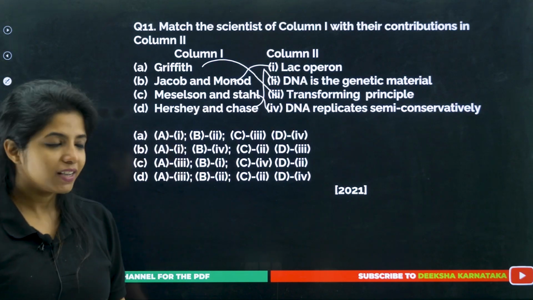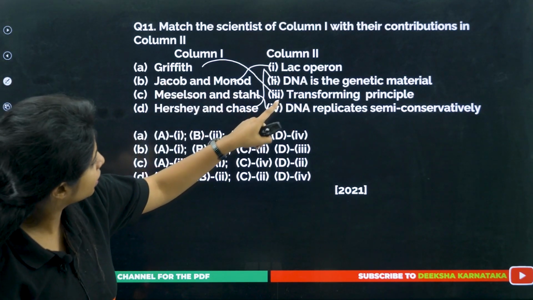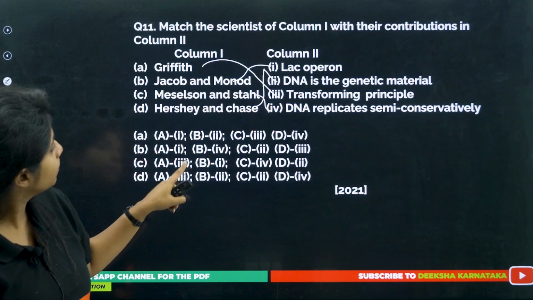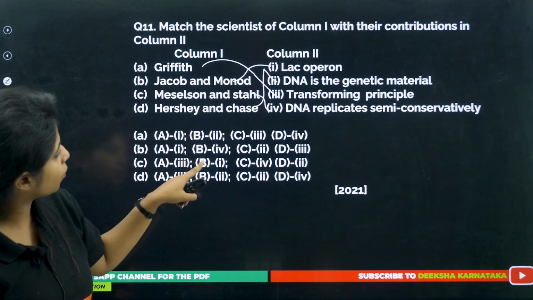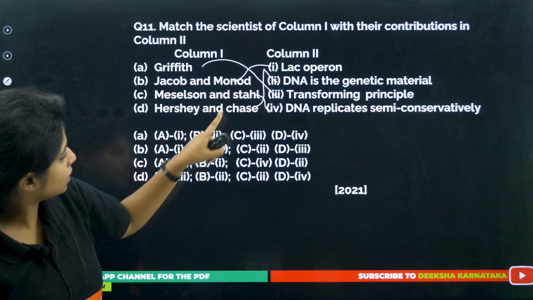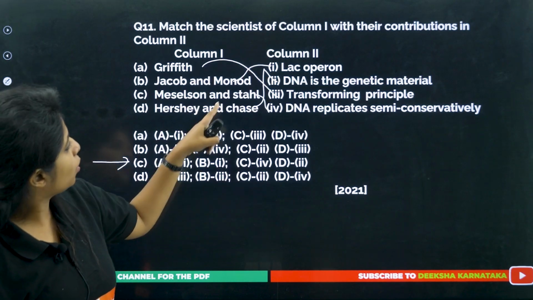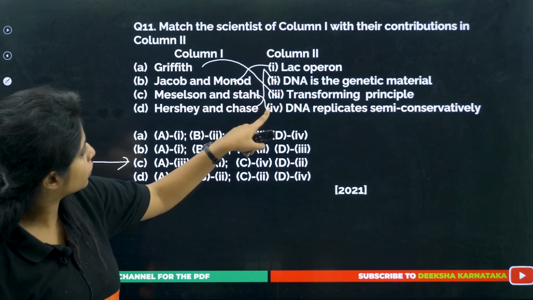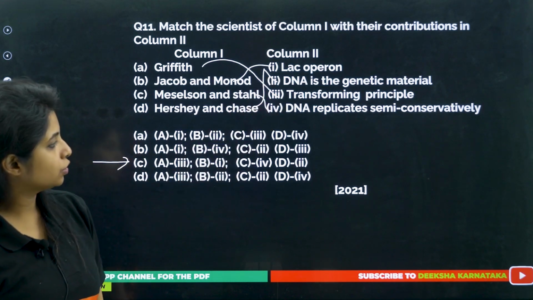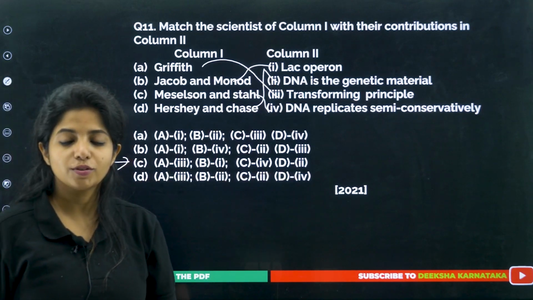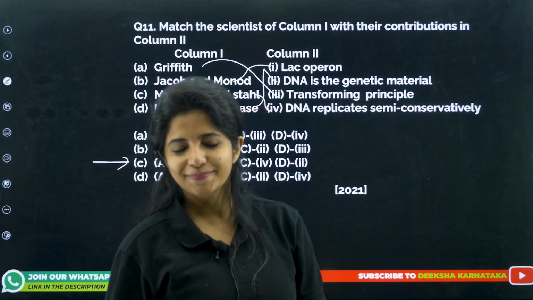It's easy, no? So Griffith is with 3. A is with 3. Jacob and Monod is with lac operon, so B is with 1. Meselson, the rest everything does not match, right? So this is the answer. C is with 4, and Hershey and Chase is with 2. This is the answer. This came in 2021.